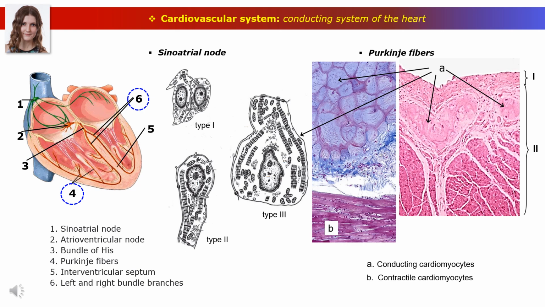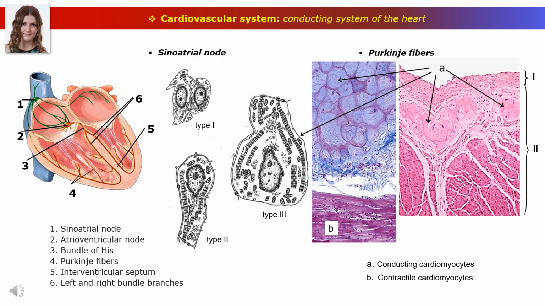In the center of the sinoatrial node lie conductive cardiomyocytes of type I, pacemaker cells, abbreviated P cells, capable of rhythmically producing contractile impulses. Outside of them are conductive cardiomyocytes of type 2, or transitional cells, which conduct impulses to conductive cardiomyocytes of type 3, or Purkinje cells, or to contractile cardiomyocytes.